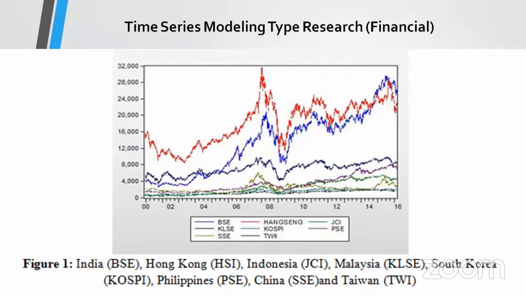This is one of my papers, published in Springer, on time series modeling. I have taken 8 countries' stock market indices and developed the paper related to co-integration. Which country is related to another country's market index?